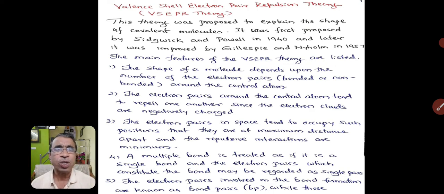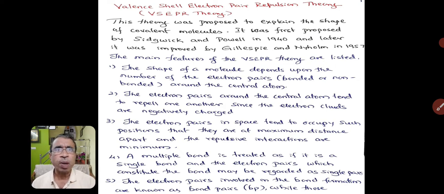This theory is called valence shell electron pair repulsion theory, commonly called VSEPR theory.